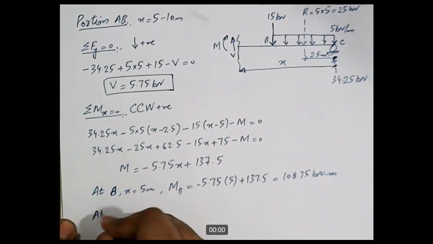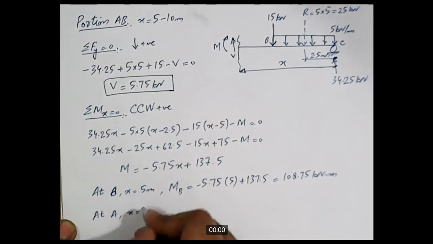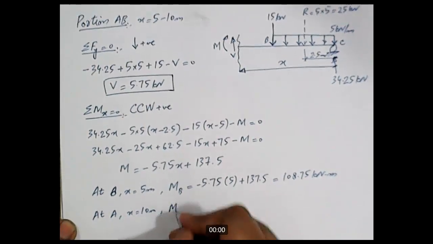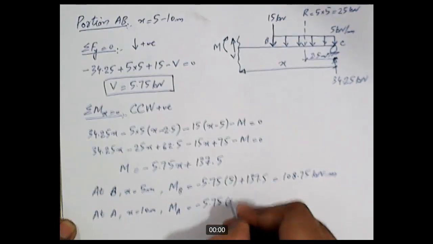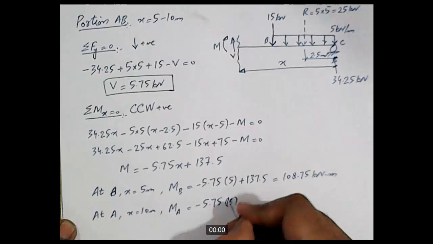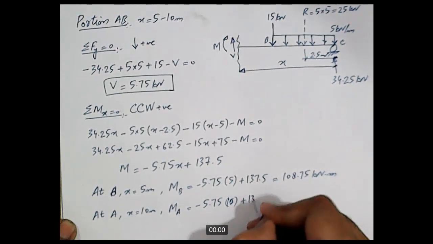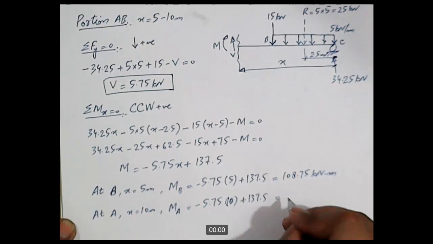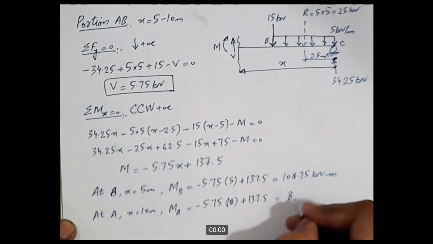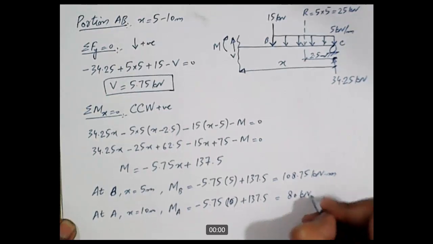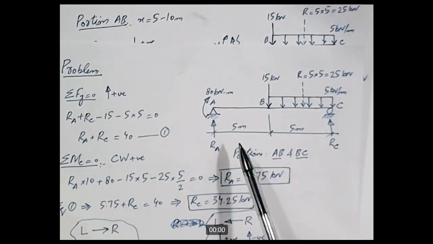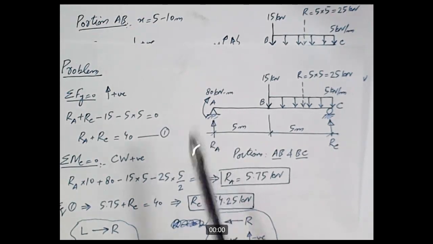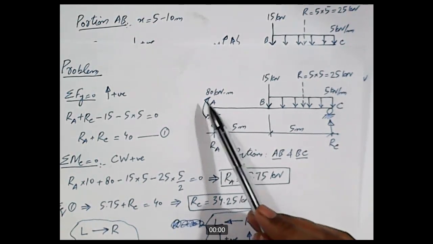And then at A, x is equal to 10 meters. So MA will be equal to minus 5.75 into 10 plus 137.5, and it turns out to be 80 kilonewton meter. And this 80 kilonewton meter, if you look at our given problem, this A is an external hinge support, but it is subjected to an externally applied moment of 80 kilonewton meter.